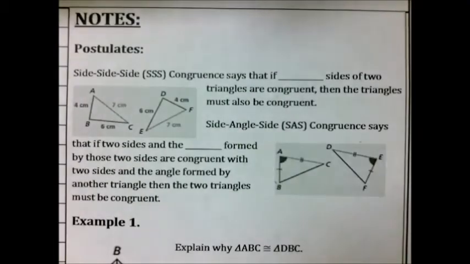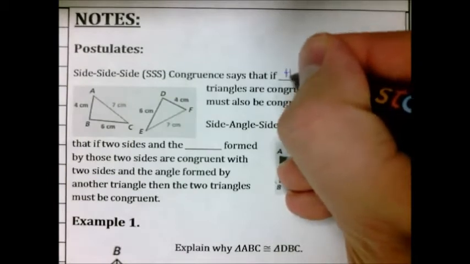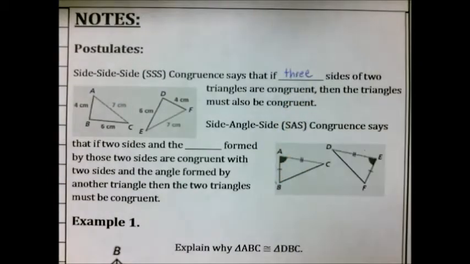All right, we have two different postulates that we're going to talk about today, and the first one is the side-side-side. That's the SSS congruence, and what that says is that if we have three sides of two triangles, and those three sides are congruent, then the triangles must also be congruent.